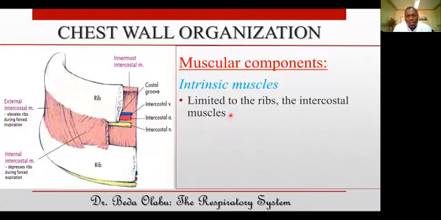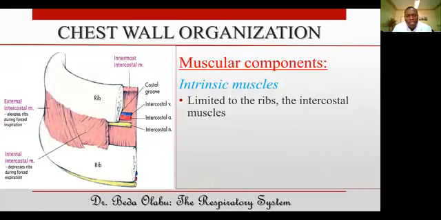We have three types of intercostal muscles. The outermost one is what we are calling the external intercostal muscle. The one in the middle layer is called the internal intercostal muscle. Then the most internal is called the innermost intercostal muscle.